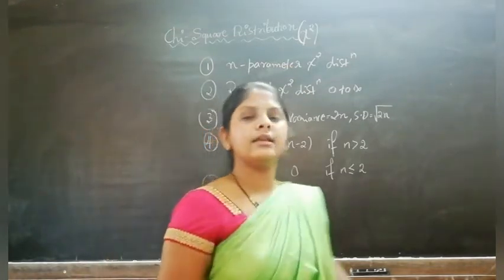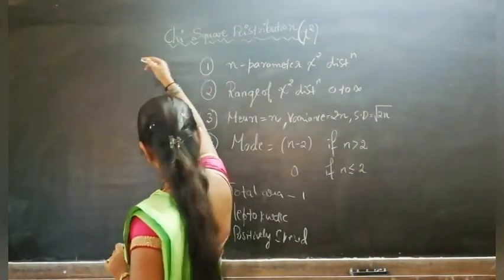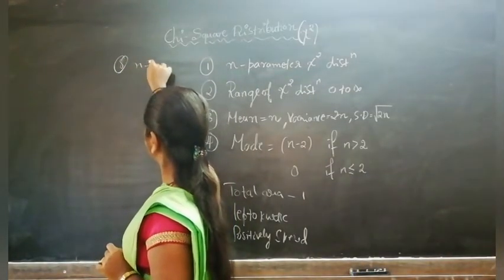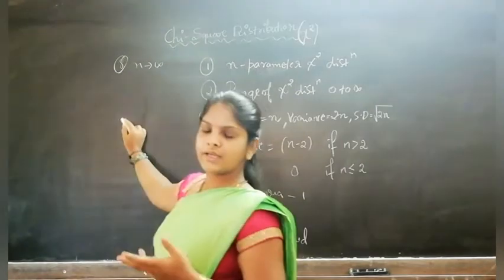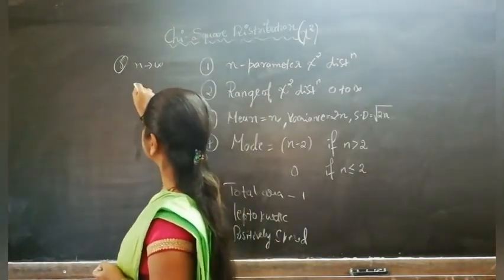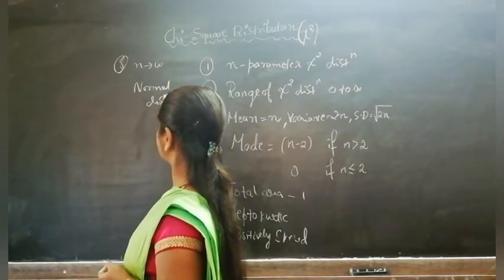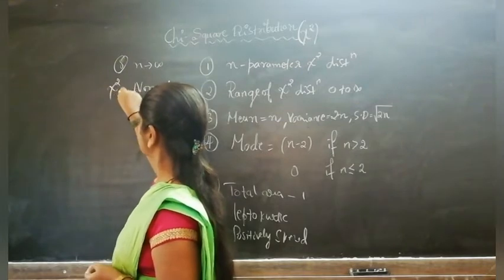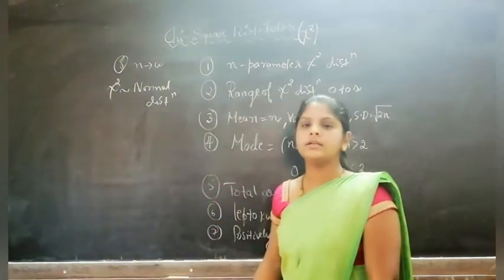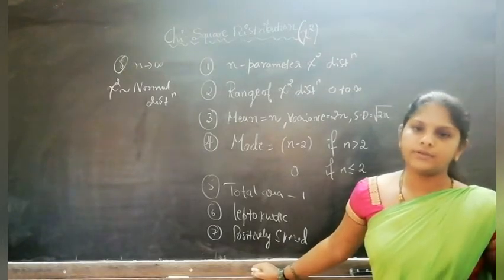And one more: as n tends to infinity, or when n is very large, chi-square distribution follows normal distribution. These are the important features of chi-square distribution.